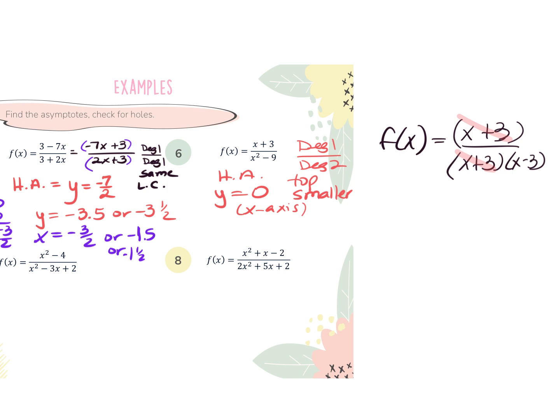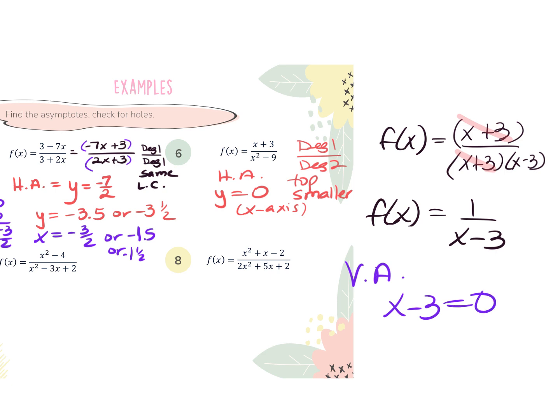And now I'm left with f of x. So f of x is equal to 1 over x minus 3. So now remember to find the vertical asymptote, you set the denominator equal to 0. So x equals positive 3 is the vertical asymptote.